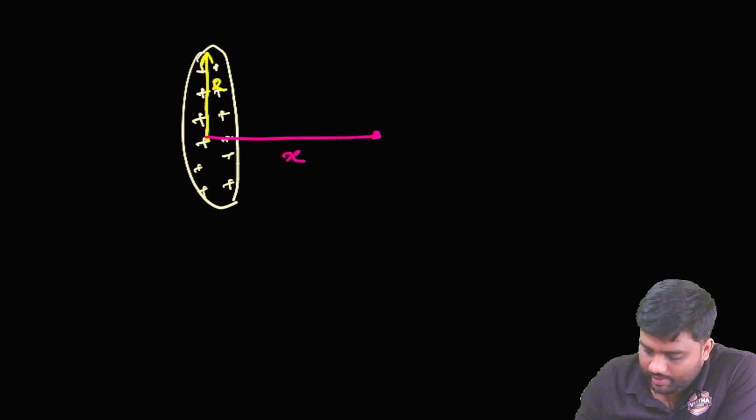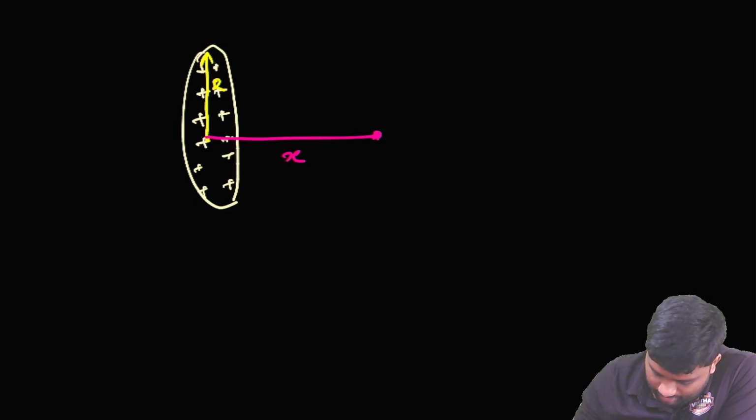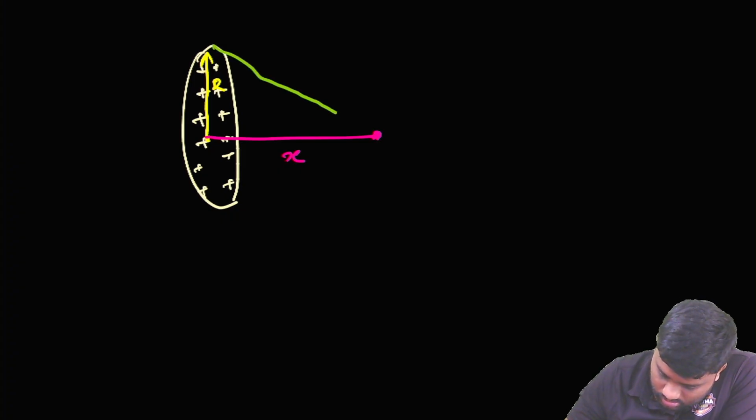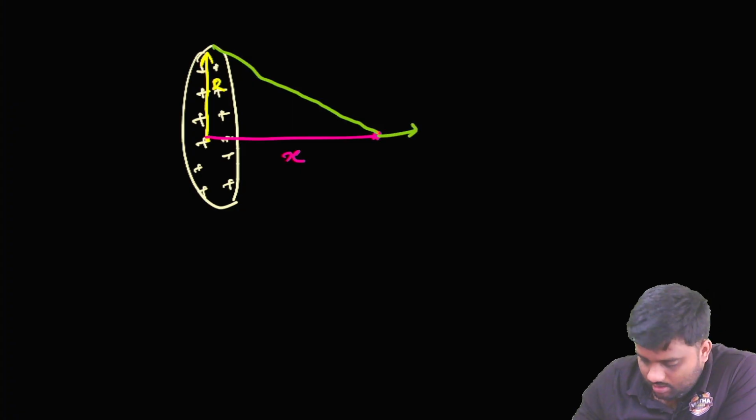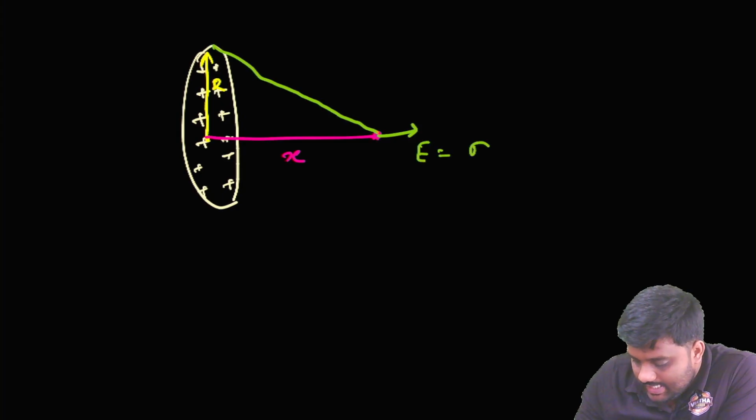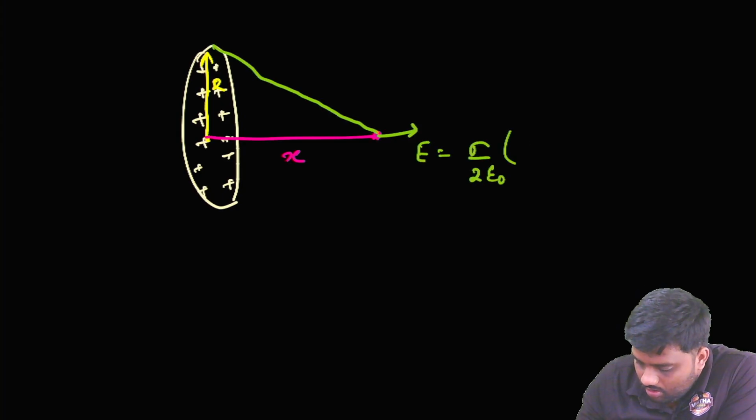If you wanted to find out the electric field, see, from the circumference to that point, electric field due to this comes out to be sigma by 2 epsilon naught (1 minus cos theta).